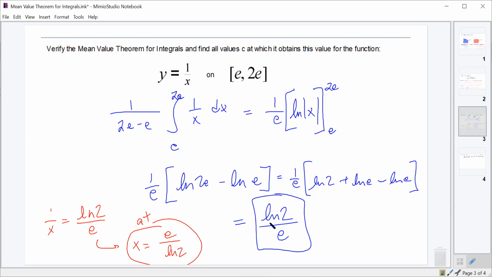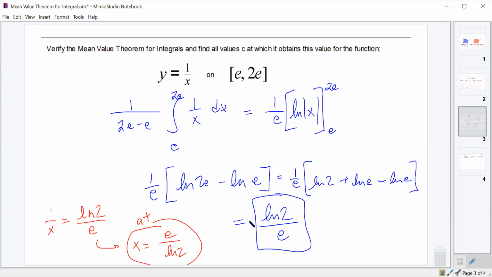This is the average value. It occurs at x equals e over ln 2. Good or no? Good. Wonderful.